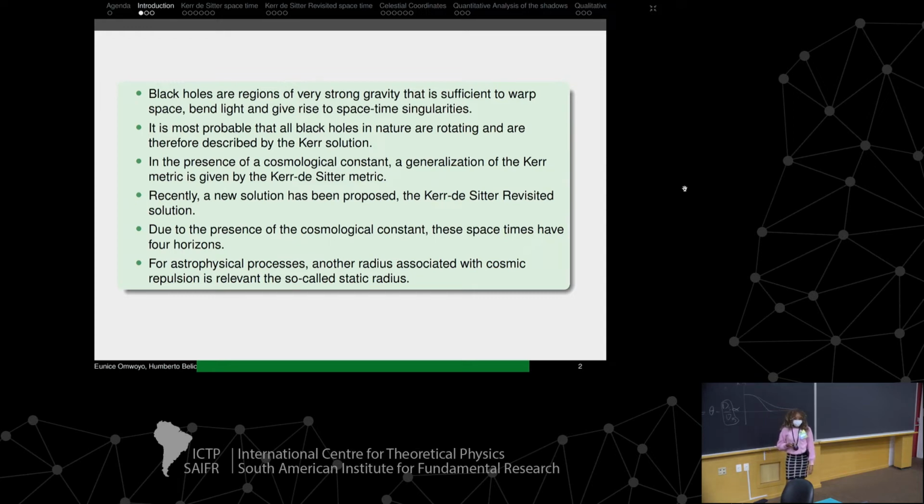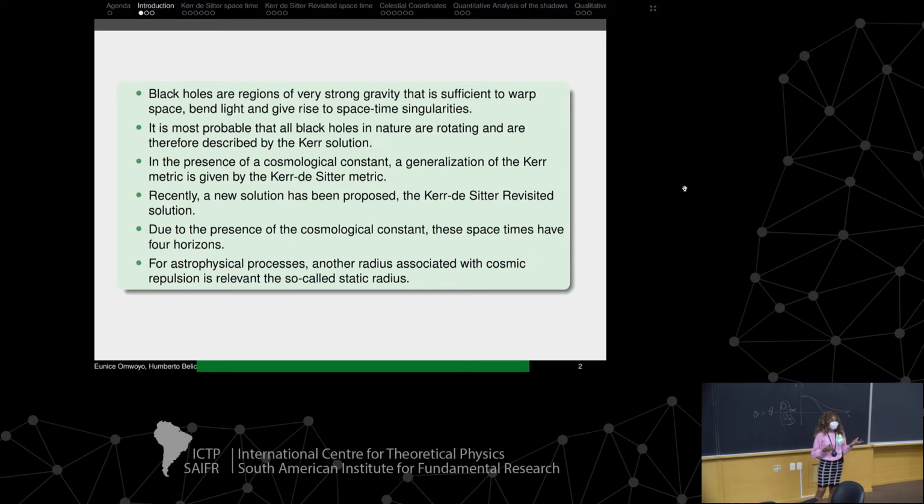And so this spacetime, due to the cosmological constant: you can imagine the Kerr black hole has just two horizons, the event horizon and the Cauchy horizon. Due to the presence of the cosmological constant, now these spacetimes have four horizons.